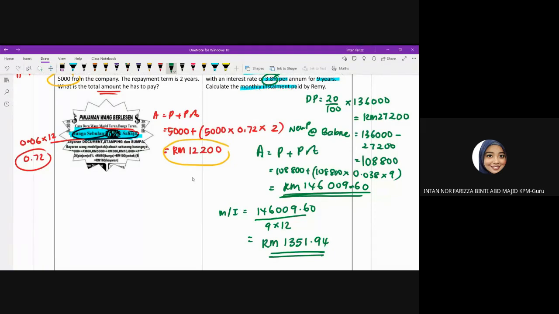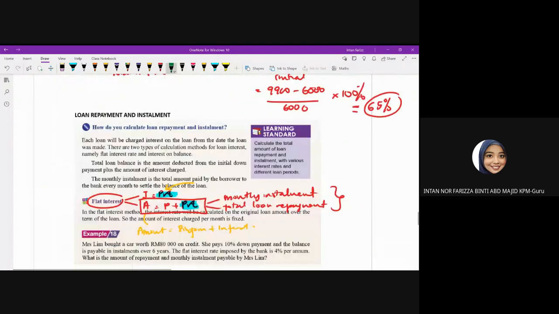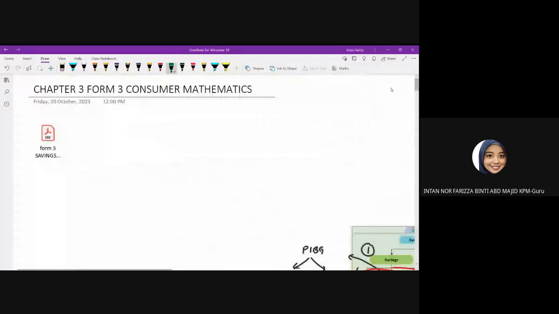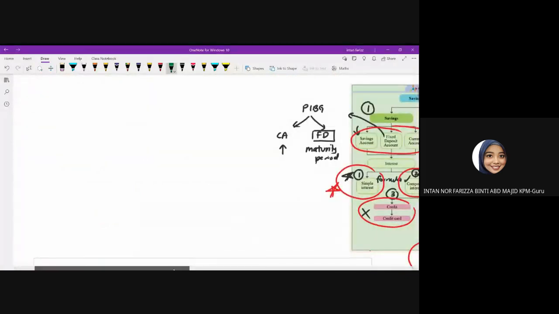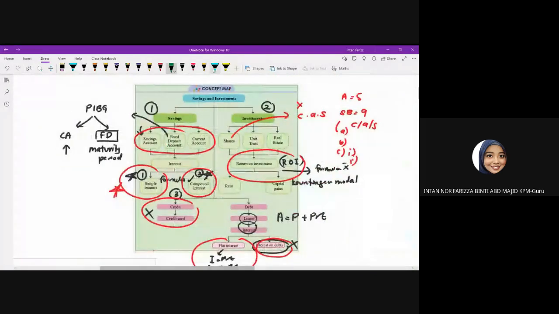Alright. So I would like to make a quick summary. Apa yang penting in chapter 3 form 3. Okay, tengok balik. The most important part is how to calculate interest. Two ways: simple interest, I equals PRT, and compound interest, MV equals P(1 + r/n) to the power of nt.